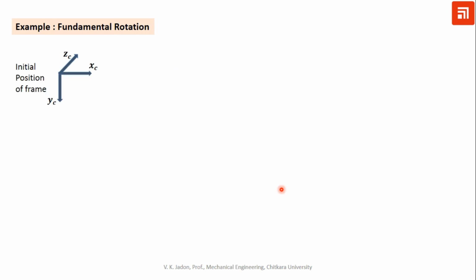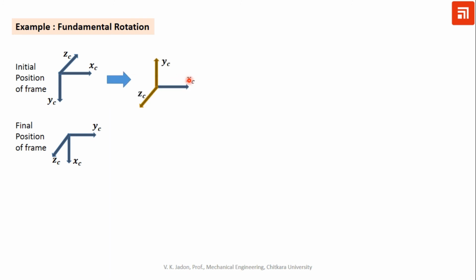So here is one example. Let us say we have some initial frame and finally we want our frame to move like this to have this orientation. So the first transformation can be the rotation of this frame about x-axis, and this is a 180-degree rotation, that is pi radians, whether negative or positive, both will be correct.